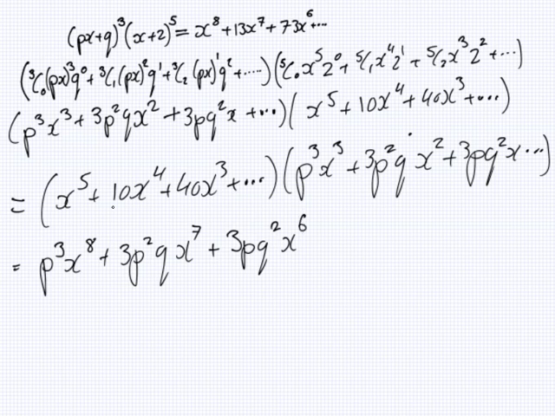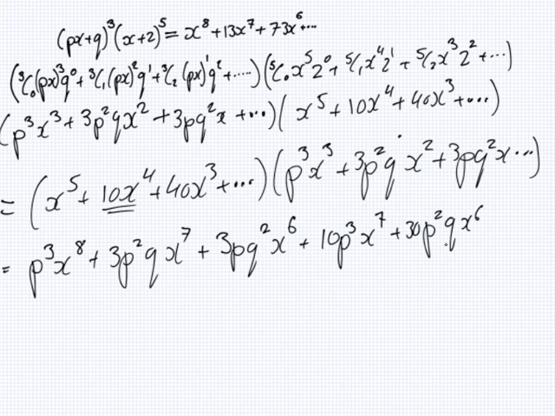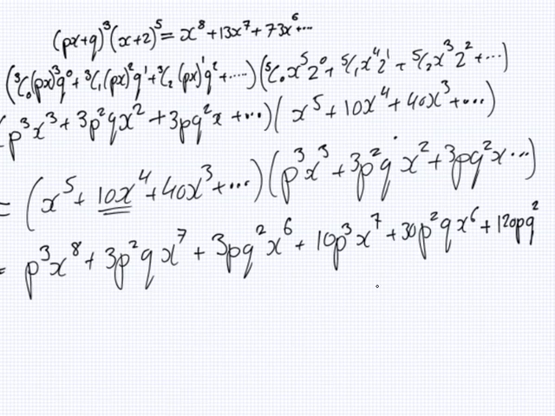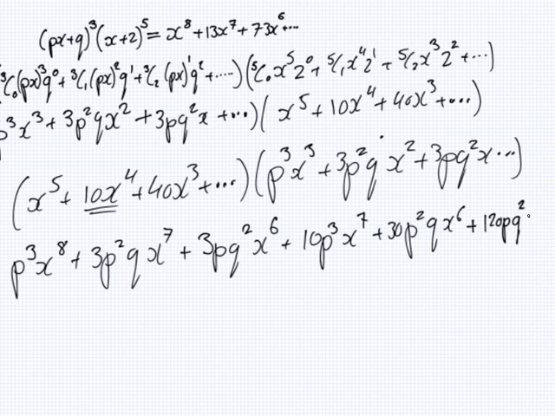Now I go on to this one. Plus 10p^3 x^7 plus 30p^2 q x^6, and then lastly plus 120pq^2 x.